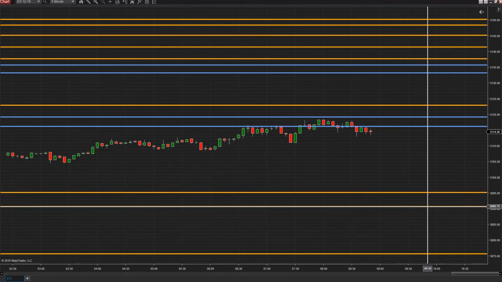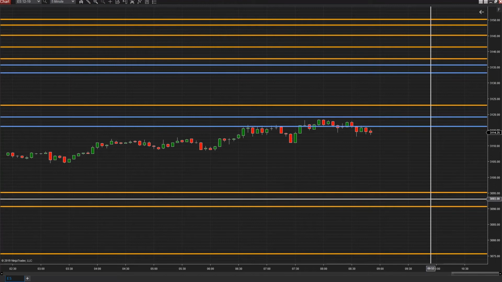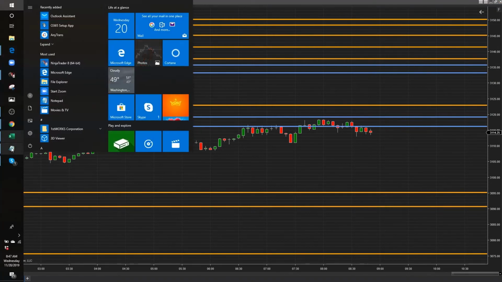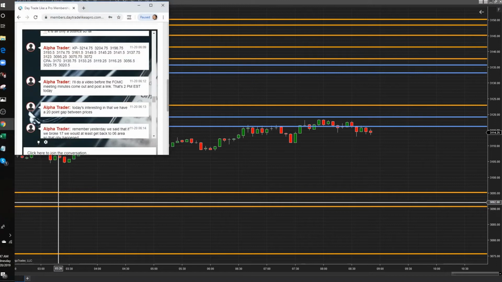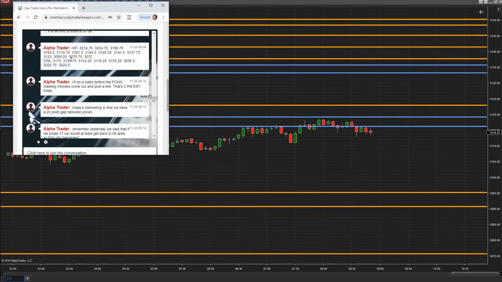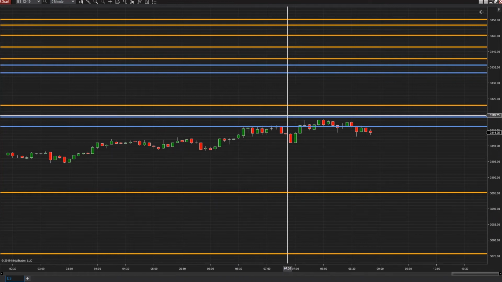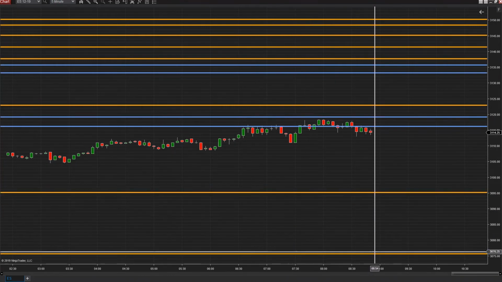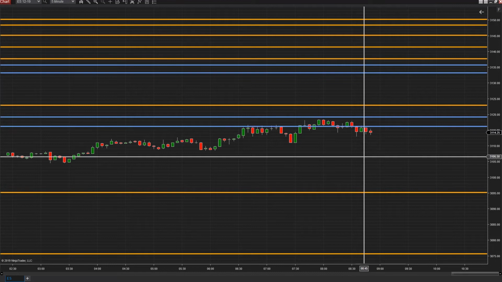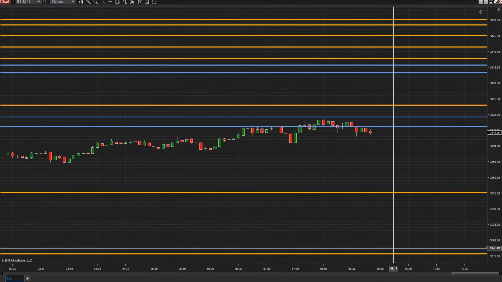But I think that's left on the chart from when I did this before, so let's just go make sure. Yeah, so you see this big gap, this is 20 points. There's a 20-point gap between here, and a 20-point gap from here to here.